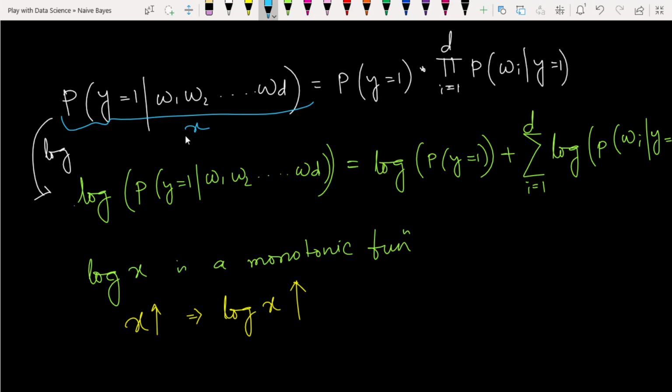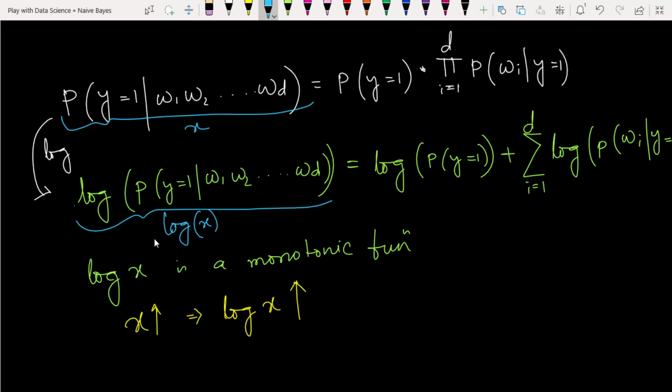If the value of x increases, then log of x will also increase, because log is a monotonic function. So the final result is the same whether we compare x or log of x.